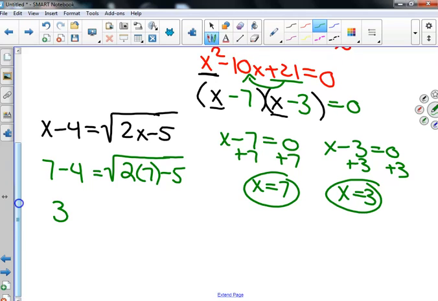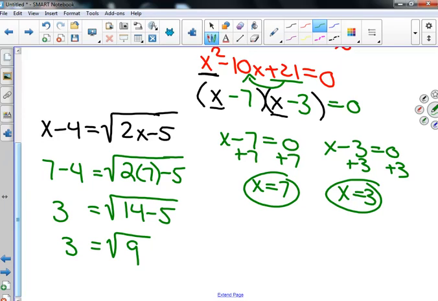This will give you 3 equals the square root of 14 minus 5. 3 equals the square root of 9. And 3 does equal 3. 7 works. We are good.